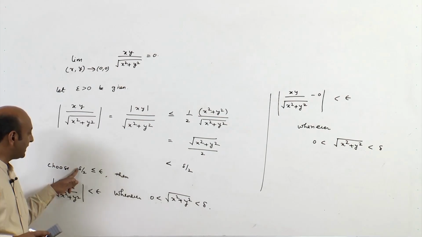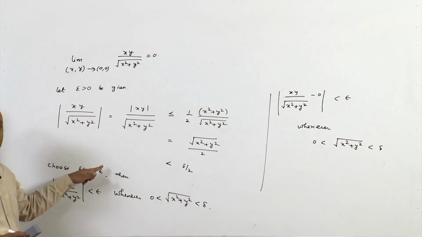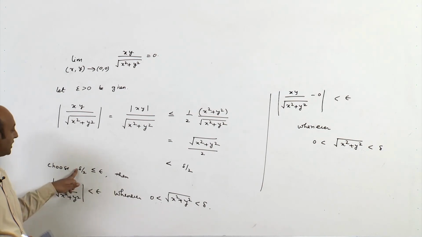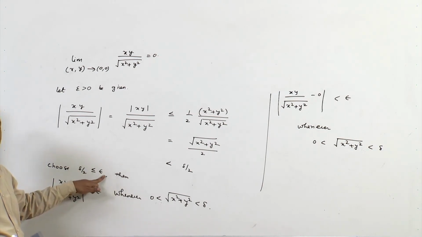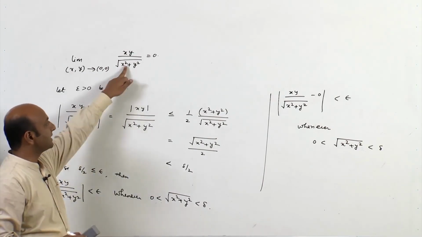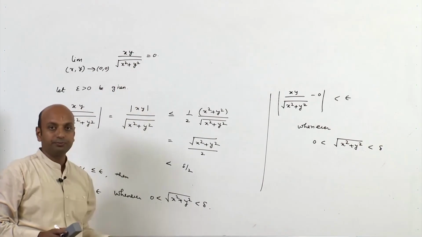So if you take any delta satisfying this inequality, this inequality will be satisfied. So we have shown the existence of delta corresponding to any epsilon such that this inequality holds. So hence we can say that this limit exists and is equal to 0.